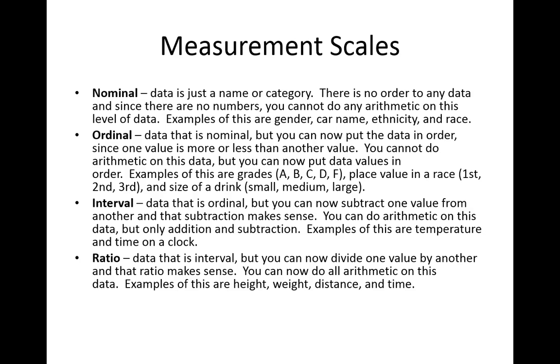With interval data, 0 is just another tick on the scale. It really doesn't mean anything that's any different from any other number that you might use, like on Celsius or Fahrenheit. So with a Fahrenheit scale, 0 degrees is just another tick mark, comparing it with 50 degrees.